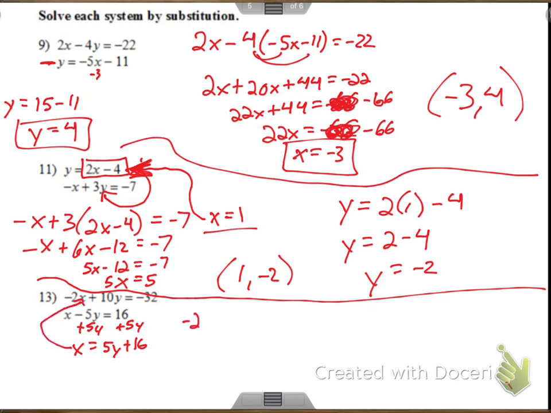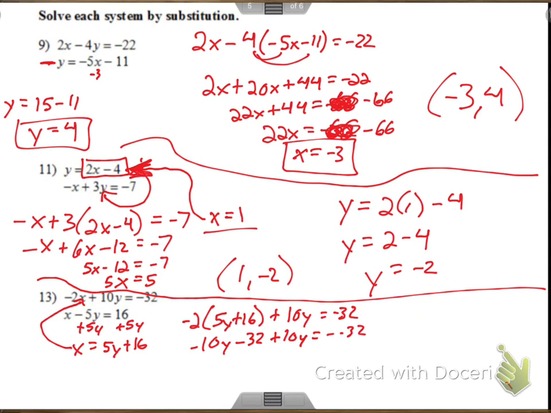So I have negative 2, parentheses, 5y plus 16, and then plus 10y equals negative 32. So that'd be negative 10y minus 32 plus 10y is equal to negative 32.